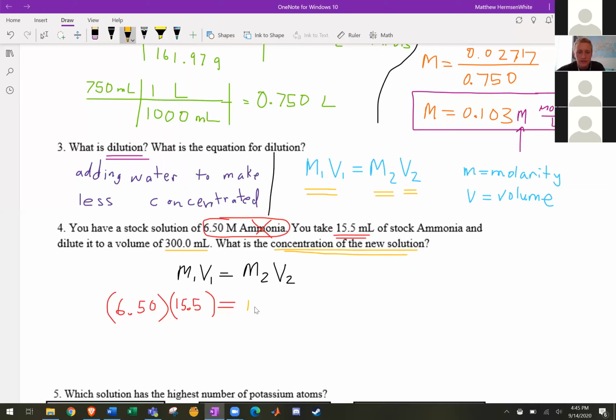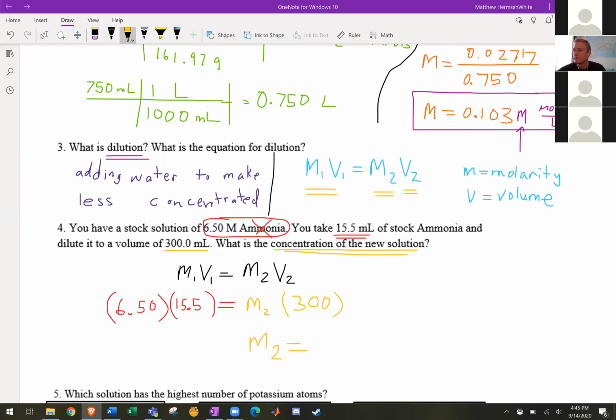So that is just M2. That's what we want to find. And V2 we're given as 300 milliliters. So we just want to solve for M2. And from here, all you want to do is take these two numbers times each other and then divide both sides by 300.